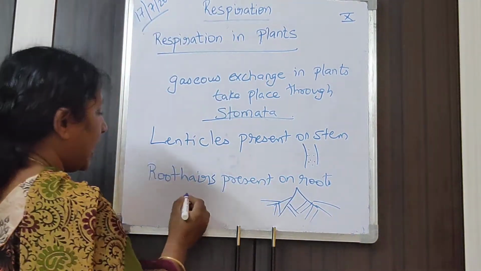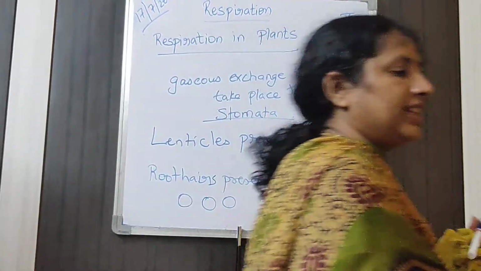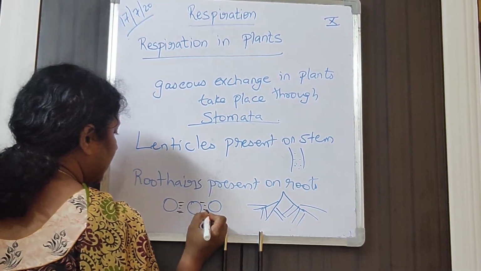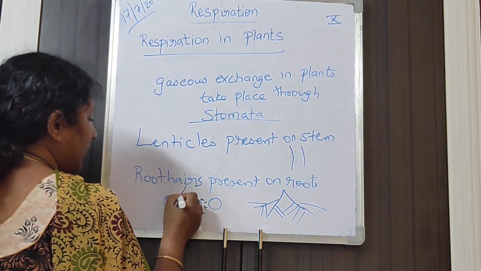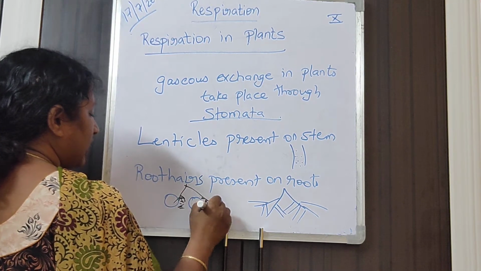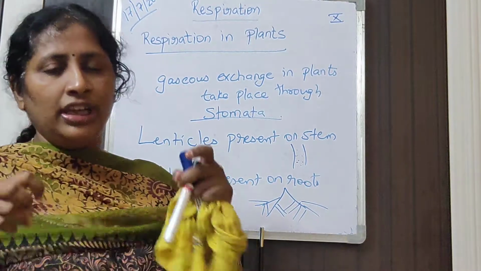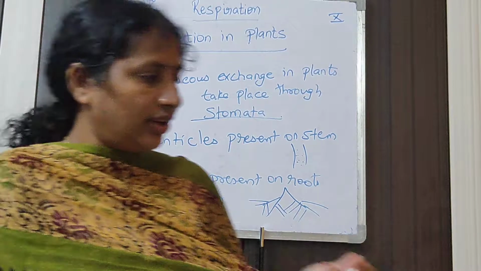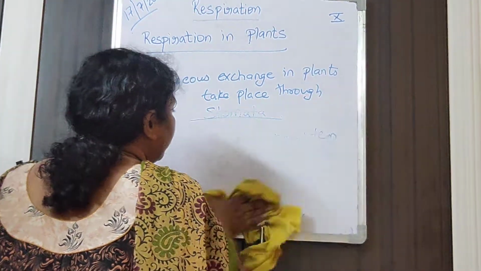The air is present in between the soil particles. The root hairs will absorb this air present between the soil particles and give the oxygen to the roots.